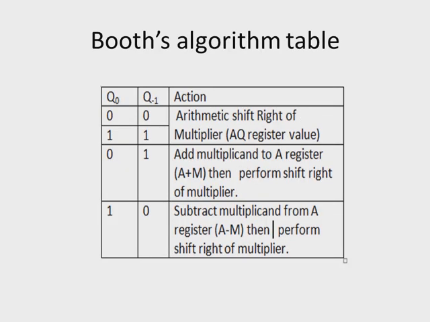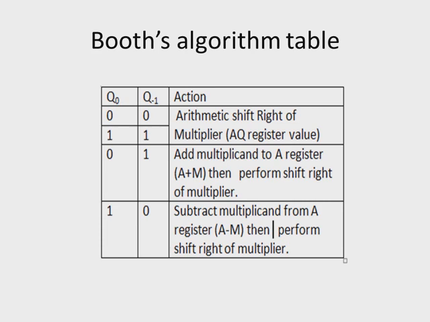Booth's algorithm table. Booth's table is otherwise called the Radix 2 Booth's algorithm table. This shows the consolidated action performed for each combination of Q0 and Q minus 1 values. What we have seen in the steps for Booth's algorithm: for 0 0 and 1 1, arithmetic shift right operation of the multiplier.